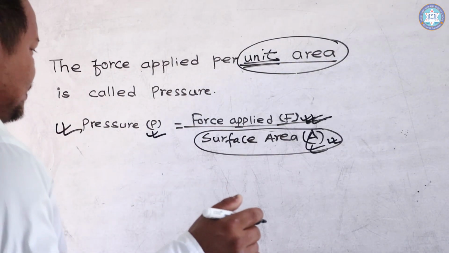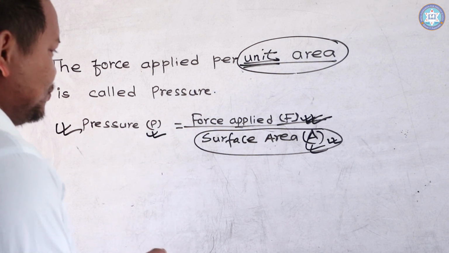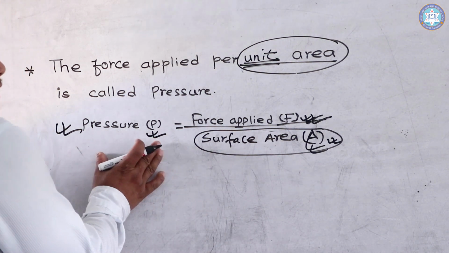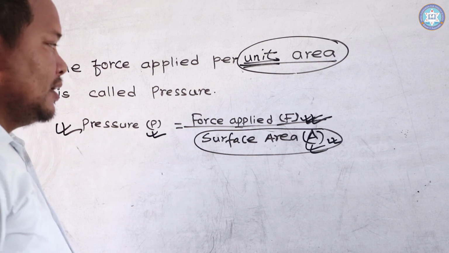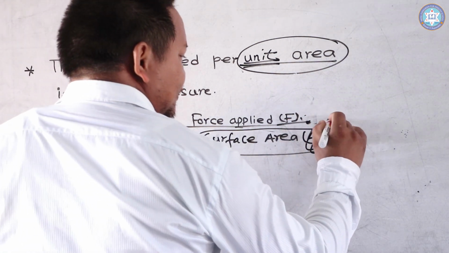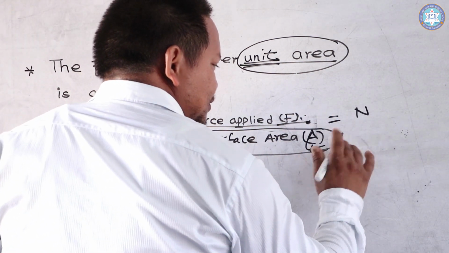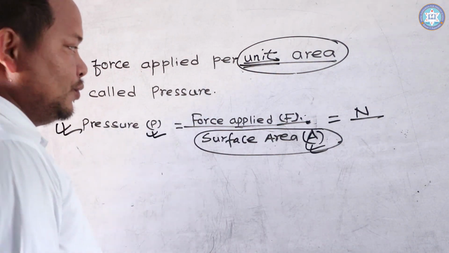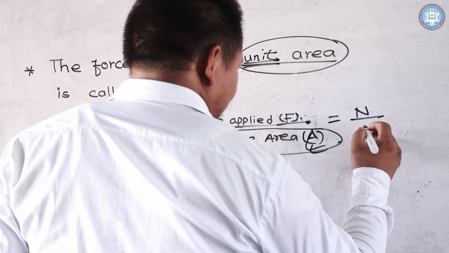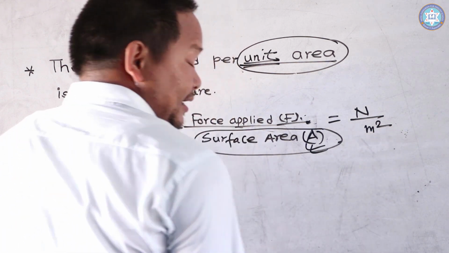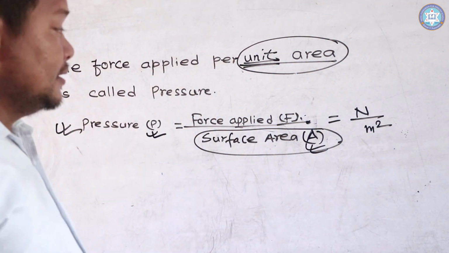Now about its unit. Its formula is force upon area. So force has Newton unit and area has meter square in the SI system.